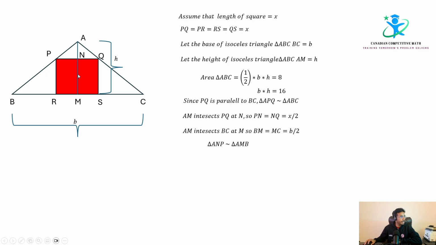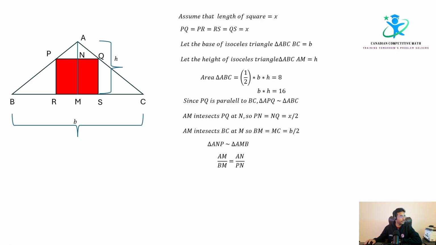Since AM bisects PQ and BC, we can conclude that triangle ANP and triangle AMB are similar triangles.